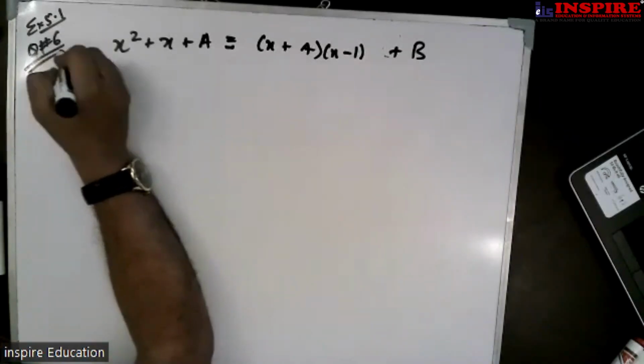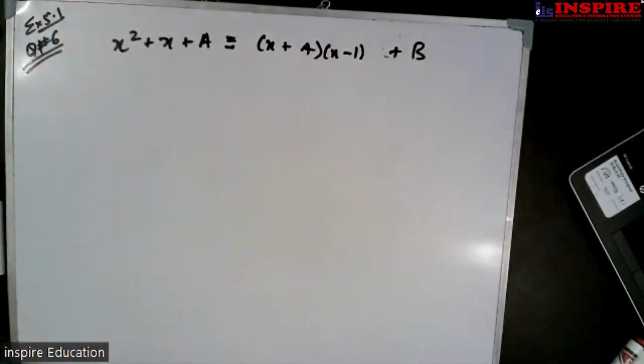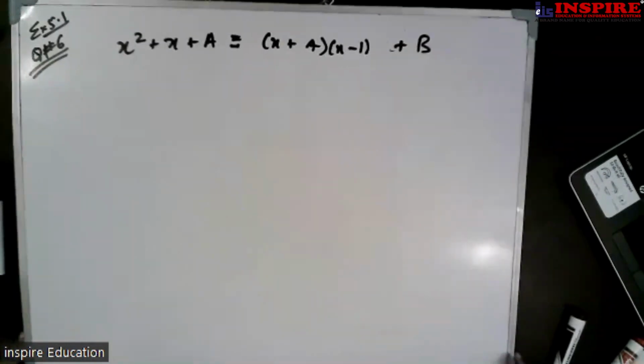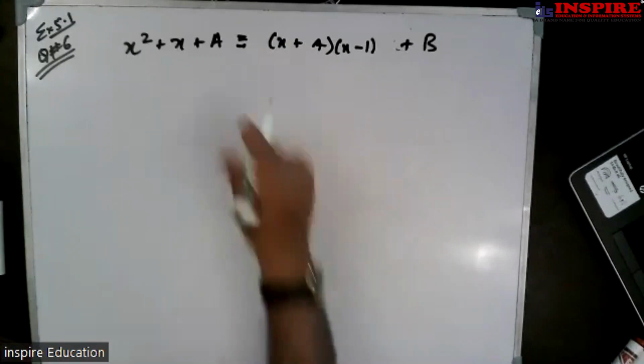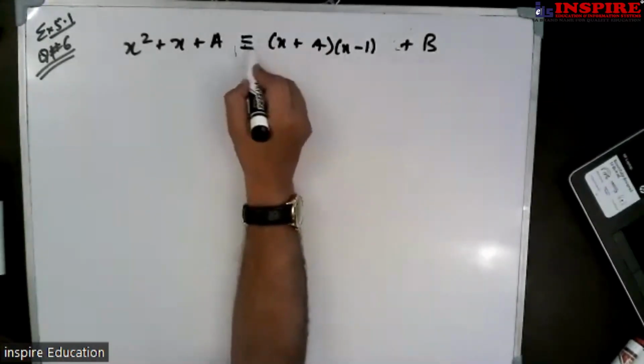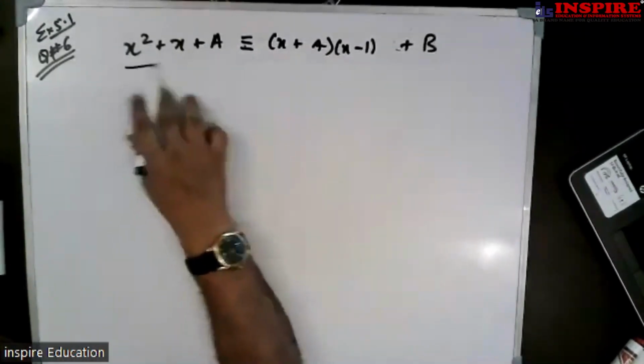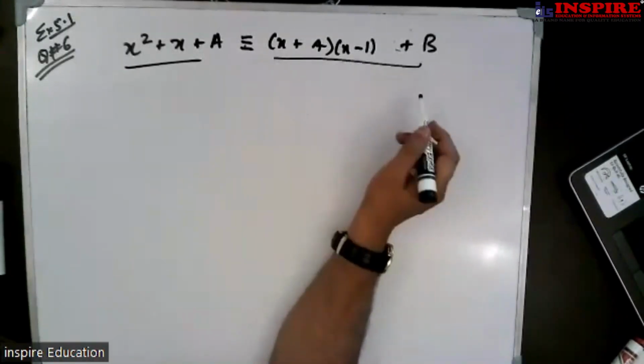Please put your pens down and they should disappear from your working area. No pens in your hand. This means identical to. That means the left hand side is identical to the right hand side.